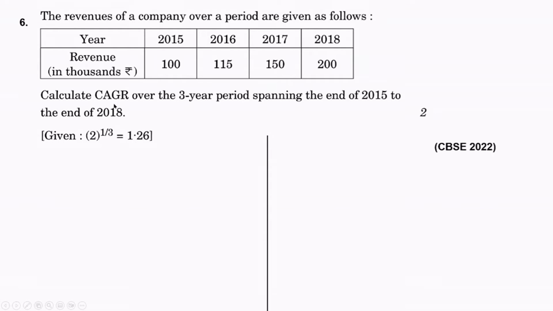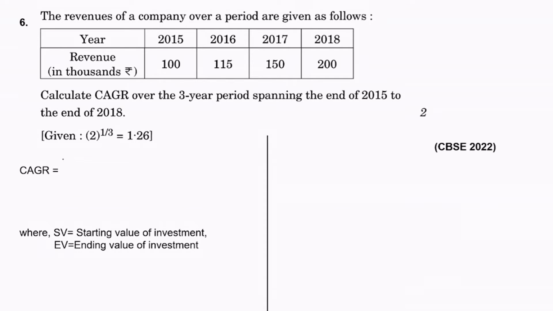We calculate this compound annual growth rate as: compound annual growth rate is equal to ending value upon starting value, the whole raised to 1 by n, minus 1, into 100, where SV is the starting value of investment and EV is the ending value of investment.